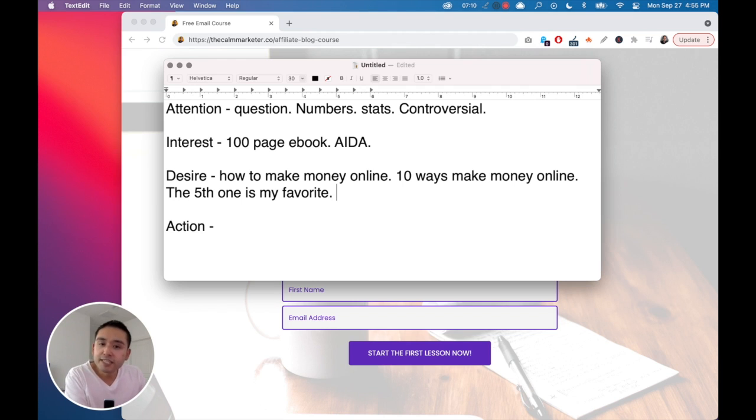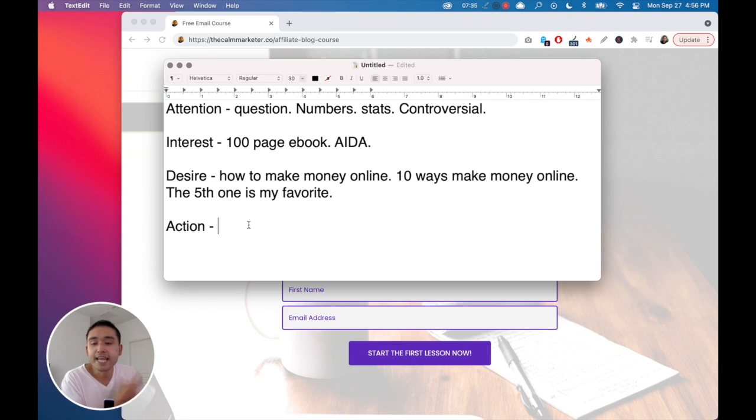If you use these 10 methods, you will 10x your income within 1 month. So really make them desire that thing that you're talking about. Really make them desire that ebook. Make them desire that thing you want to talk about. Really make them want what it is you have.